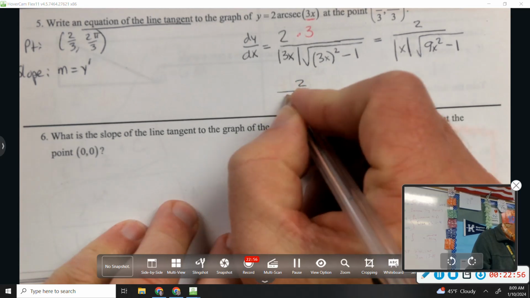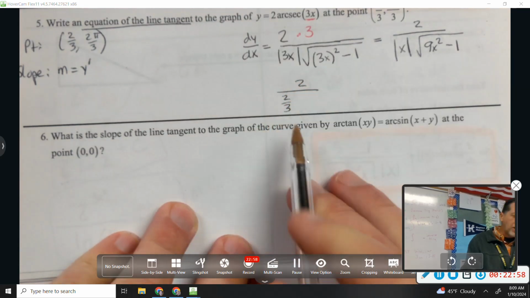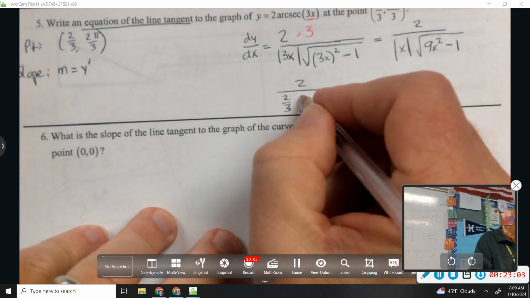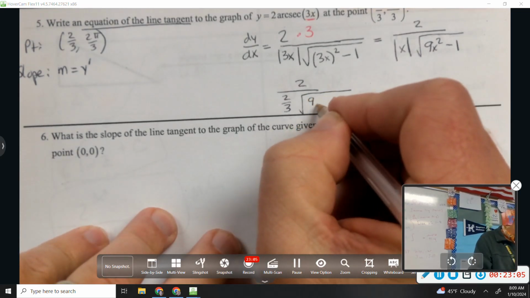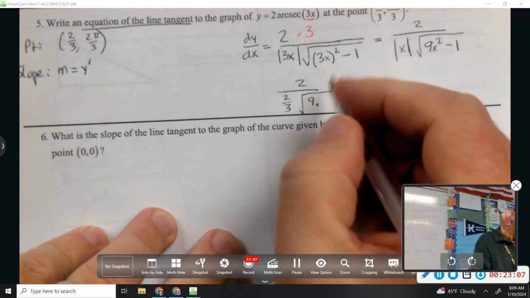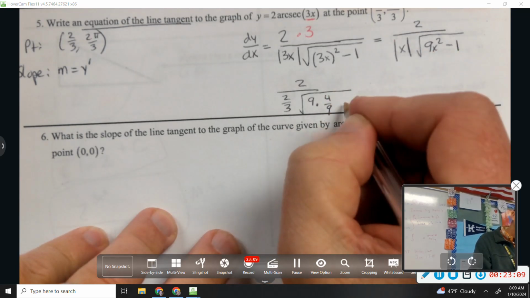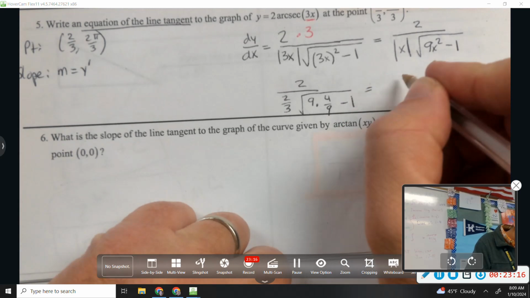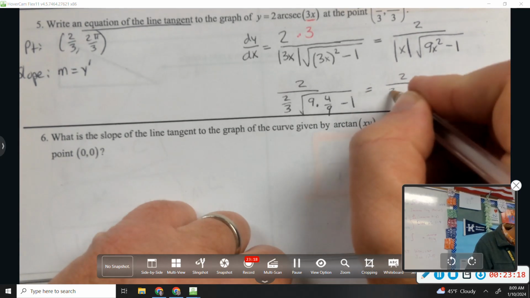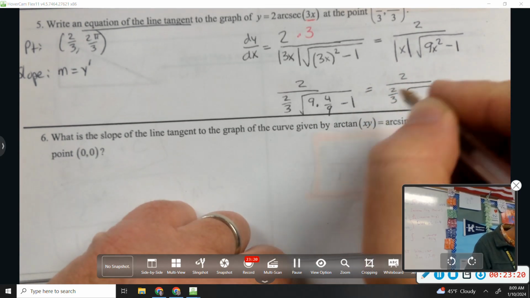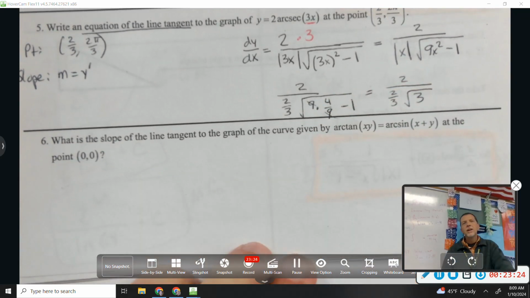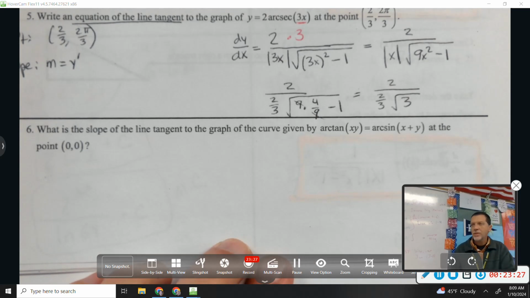So 2 over 2/3. I don't need the absolute value anymore because 2/3 is already positive. Square root of 9 times, if I square 2/3, I get 4/9. Oh, that worked out okay. All right, the 9's will cancel. 2 over 2/3 square root of 3. Right, that wasn't as bad as I thought it was going to be.